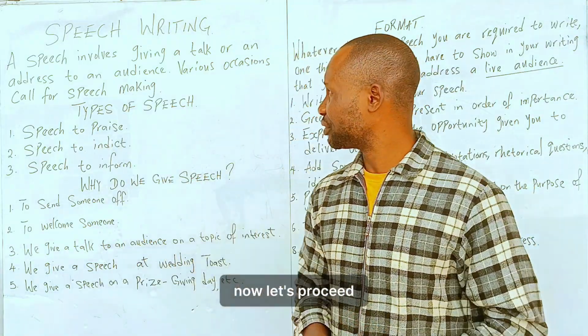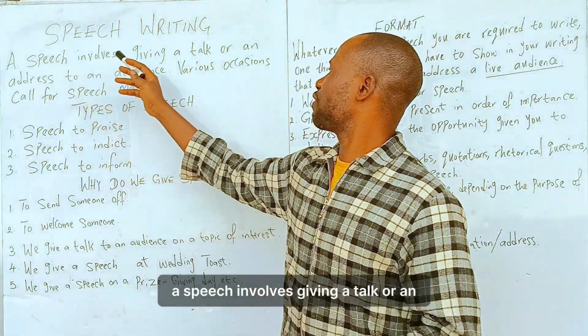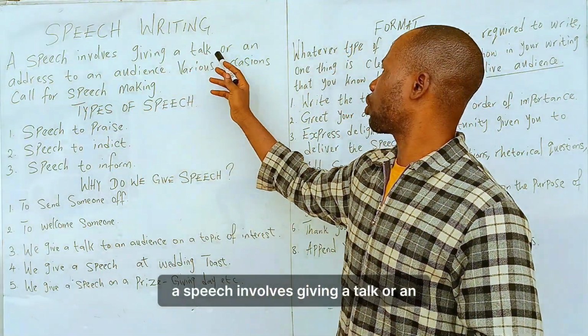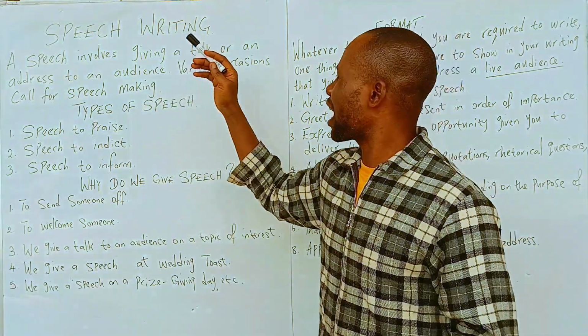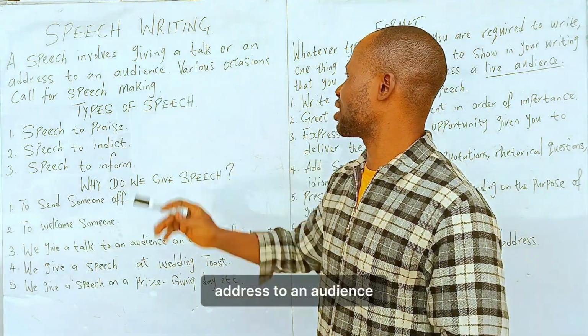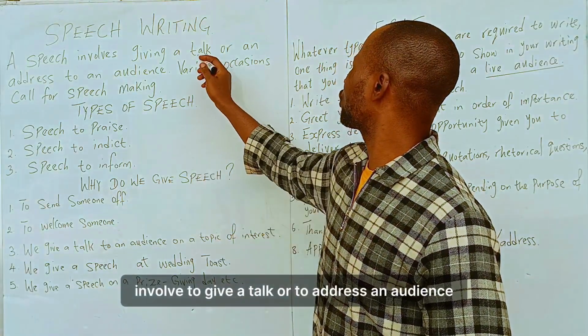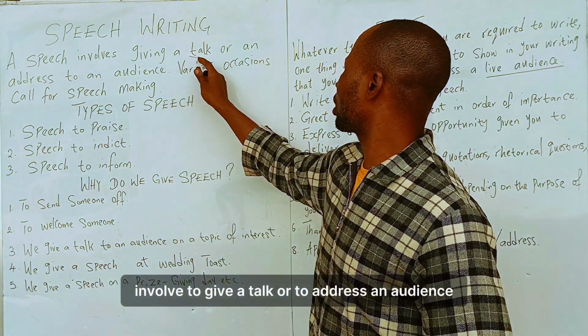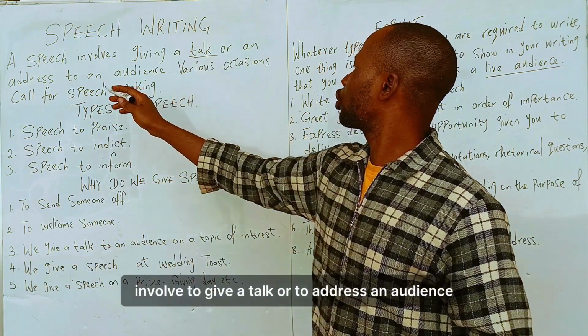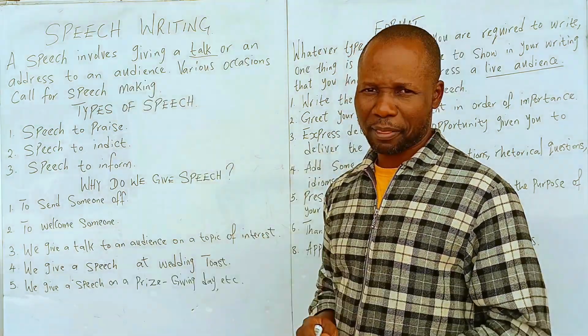Now, let's proceed. A speech involves giving a talk or an address to an audience. That means what speech is all about is to give a talk or to address an audience.